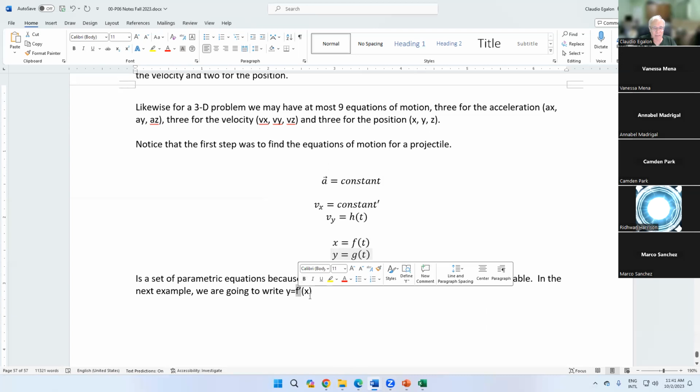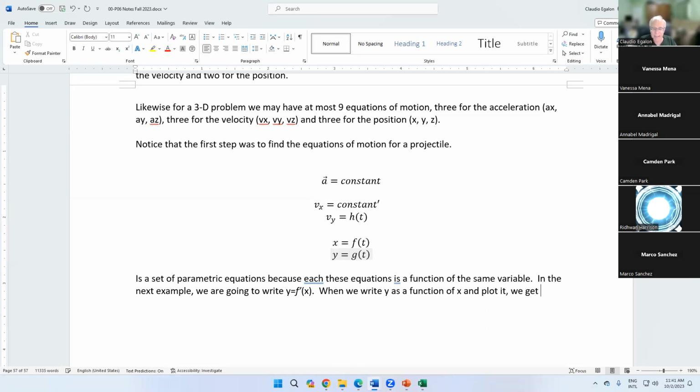When we write y as a function of x and plot it, we get the path of the projectile in the y-x plane.